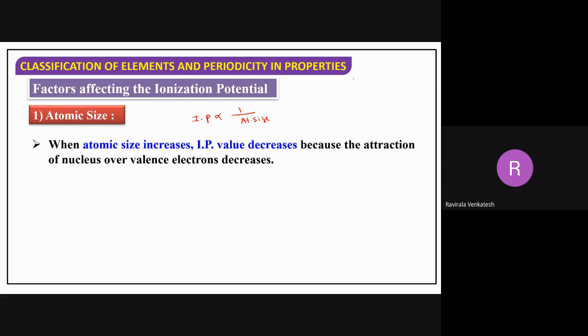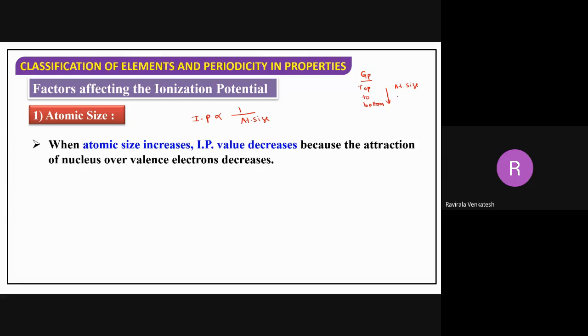For example, in a group, from top to bottom, will atomic size increase or decrease?